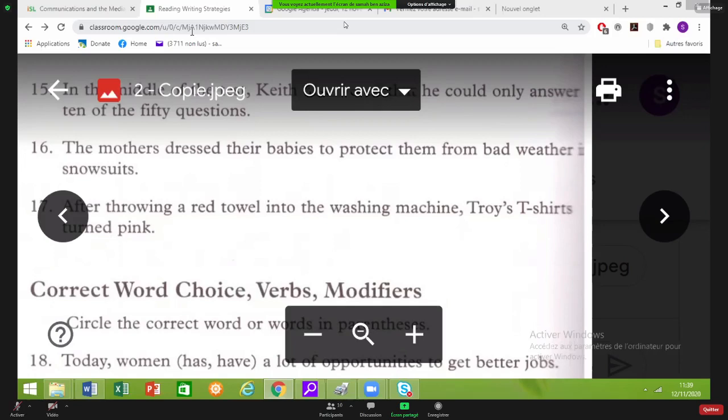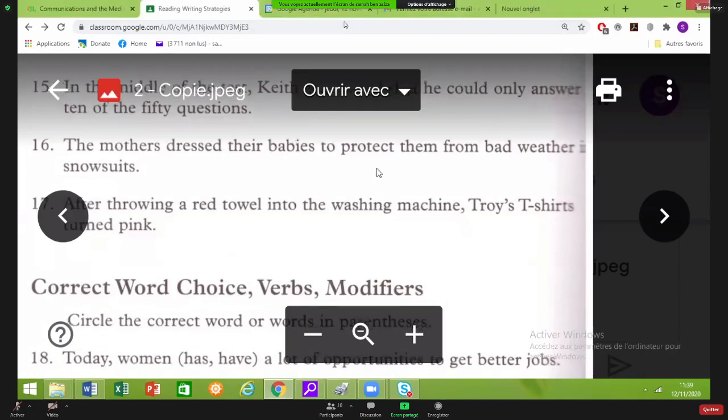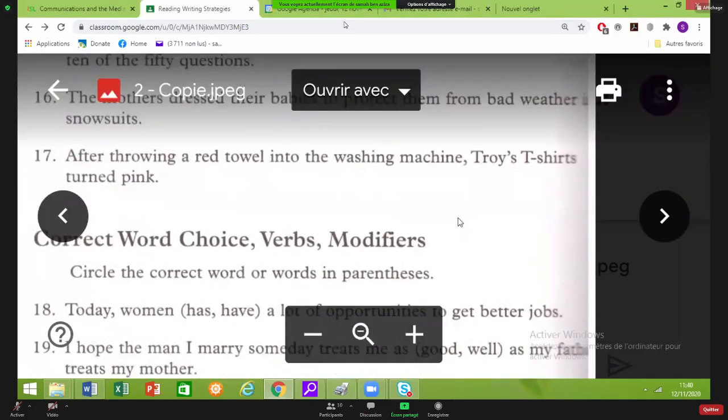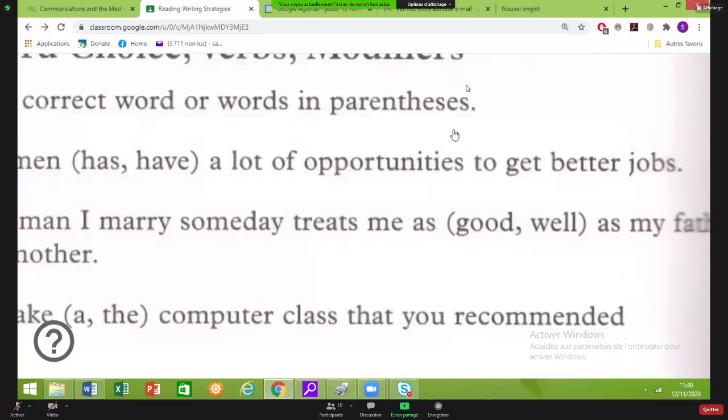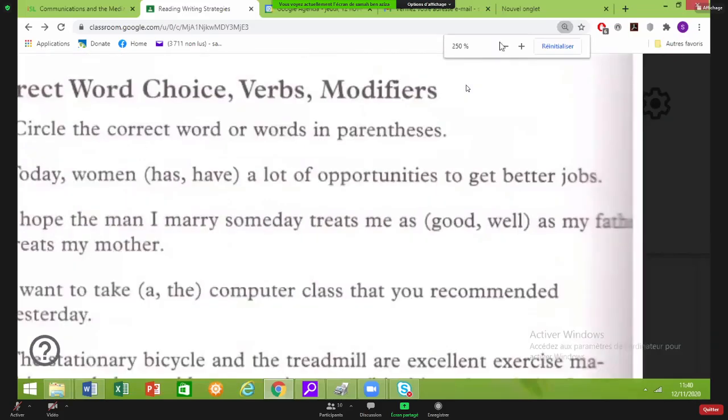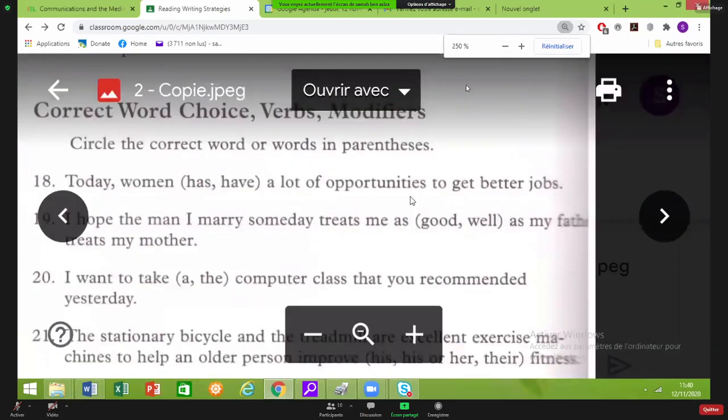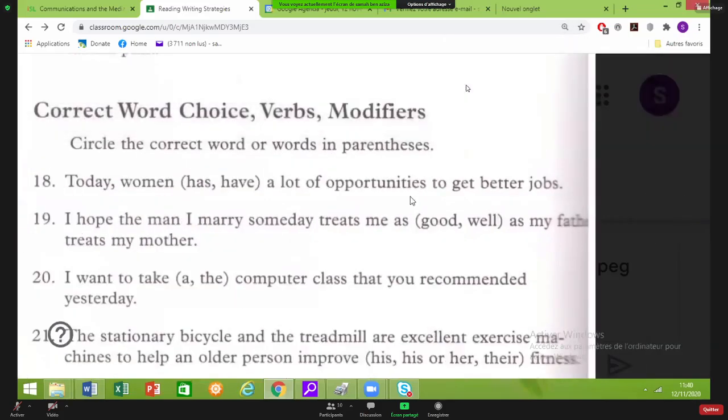Okay, next. Can we move now to the next exercise, please? Yes. Okay, so here you have correct word choice, verbs, and modifiers.